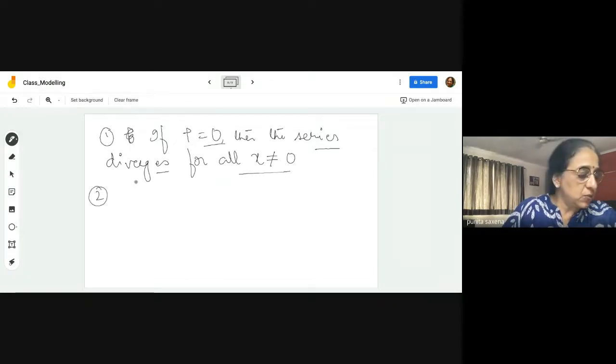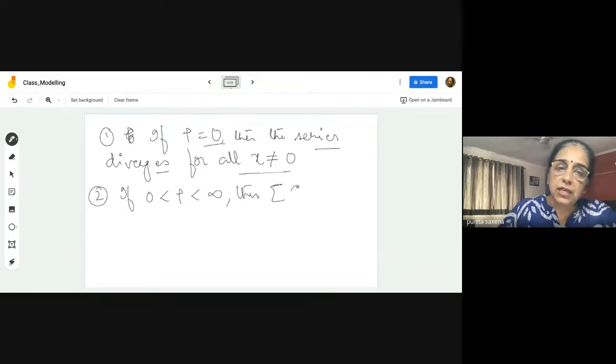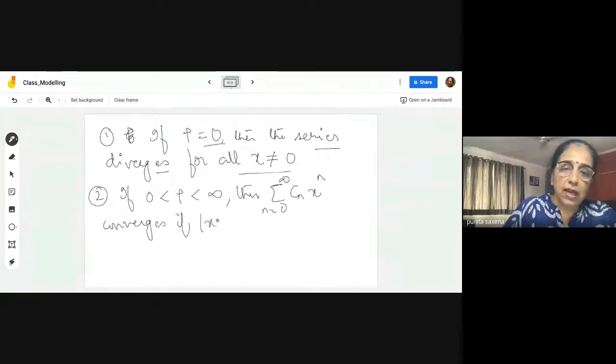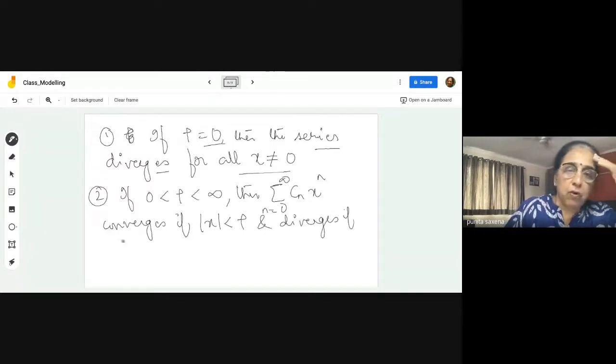Number two, the second situation can be that your rho is a finite term. Okay, the limit exists, but is a finite limit, different from 0, right? So if rho is a finite term, then the power series Cn x^n, n from 0 to infinity, converges if mod x is less than rho, and diverges if mod x is greater than rho.